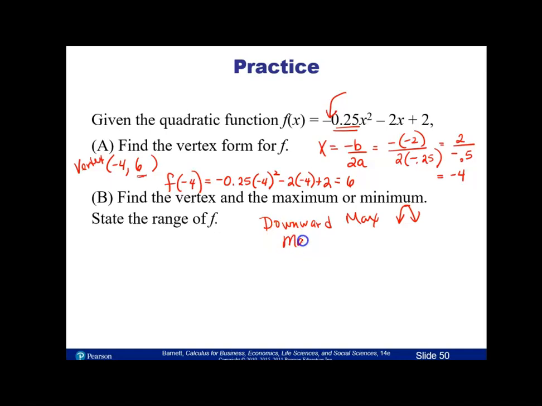So the maximum value is going to be 6. So as far as the range goes, if I'm looking at something like this, it starts at negative infinity and it goes up to that maximum value and stops, okay? And so that's going to be the range for me.